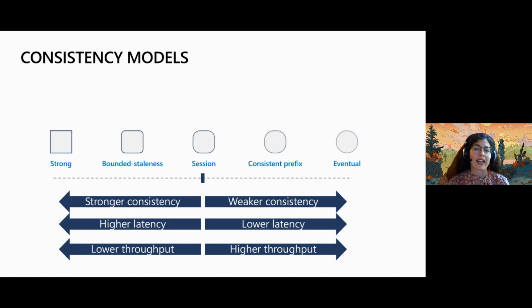I can say that about 90% of the accounts deployed on Cosmos do not change from the default setting, and they stay at session. Now, the more relaxed the consistency becomes, the lower the latency and the even higher the throughput. And we're going to explain why weaker consistency means higher throughput.